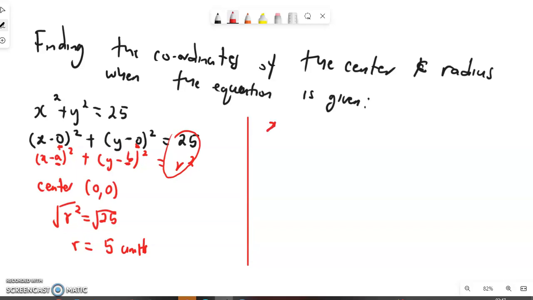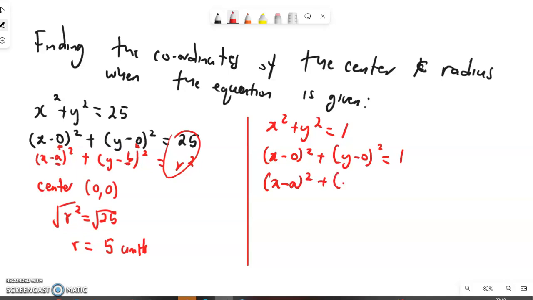If we are given x squared plus y squared is equal to 1, again this can be written as (x minus 0) all squared plus (y minus 0) all squared is equal to 1, where the standard form is (x minus a) all squared plus (y minus b) all squared equals r squared.